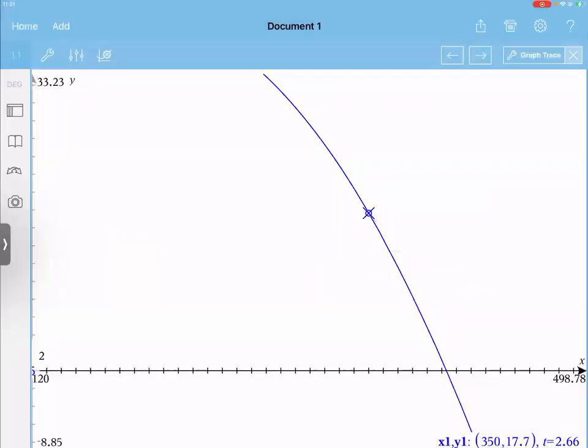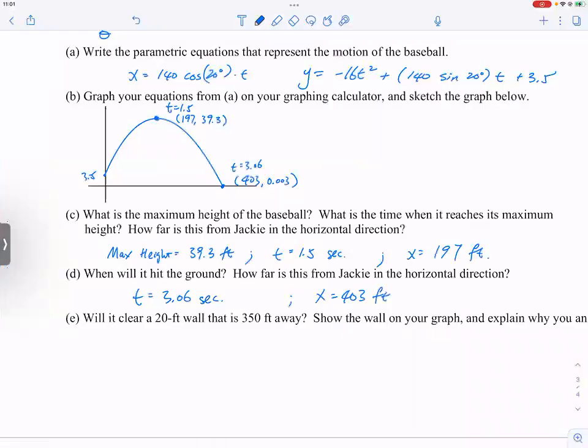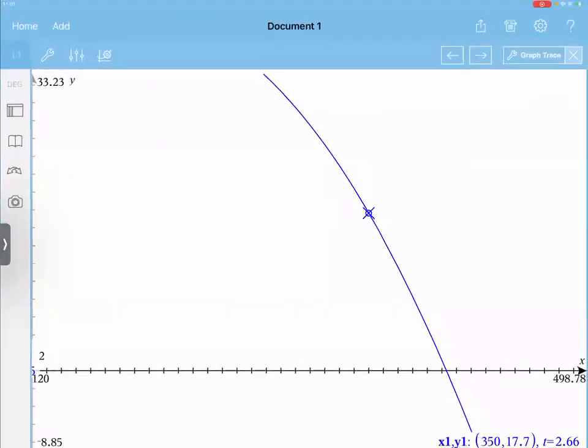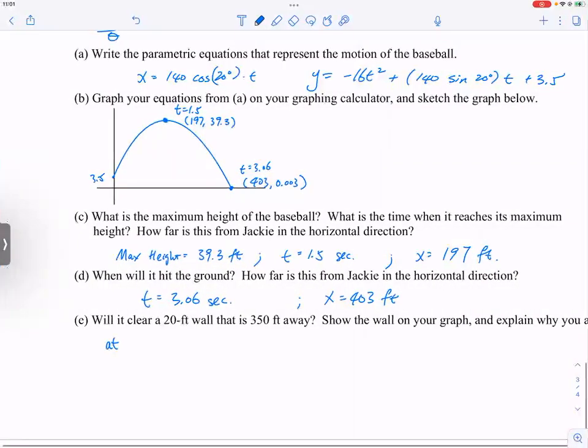So at 350, the ball is at 17.7 feet high. So we will say, at what time? At 2.66 seconds.